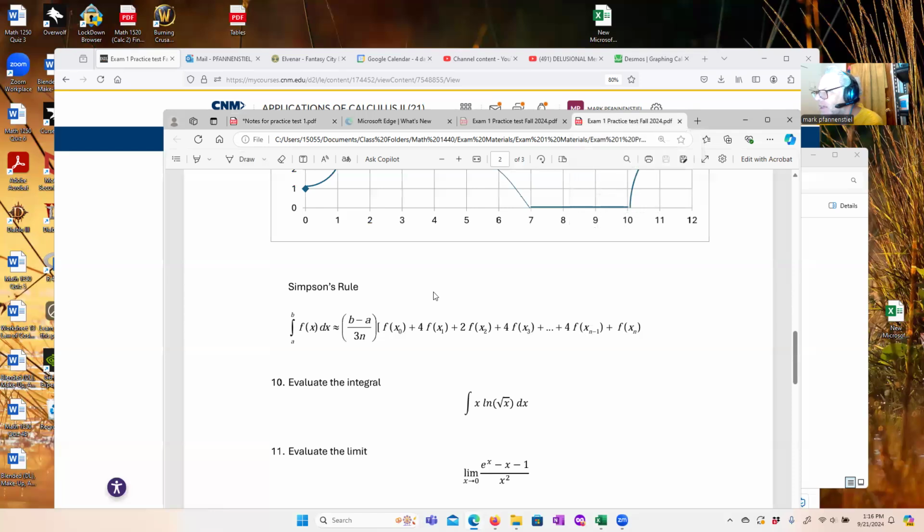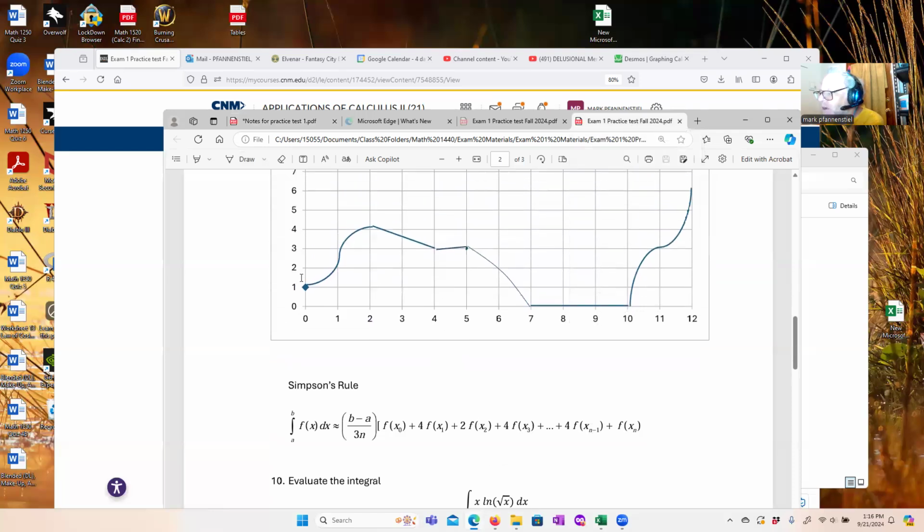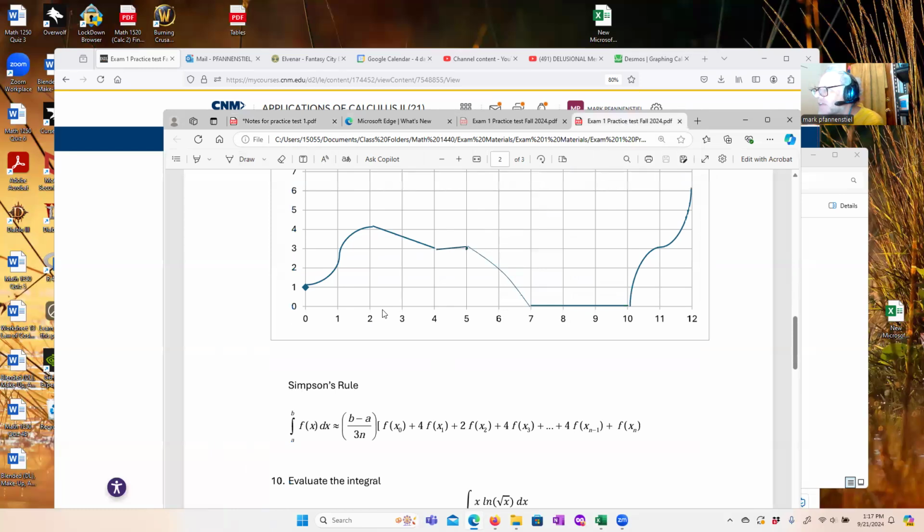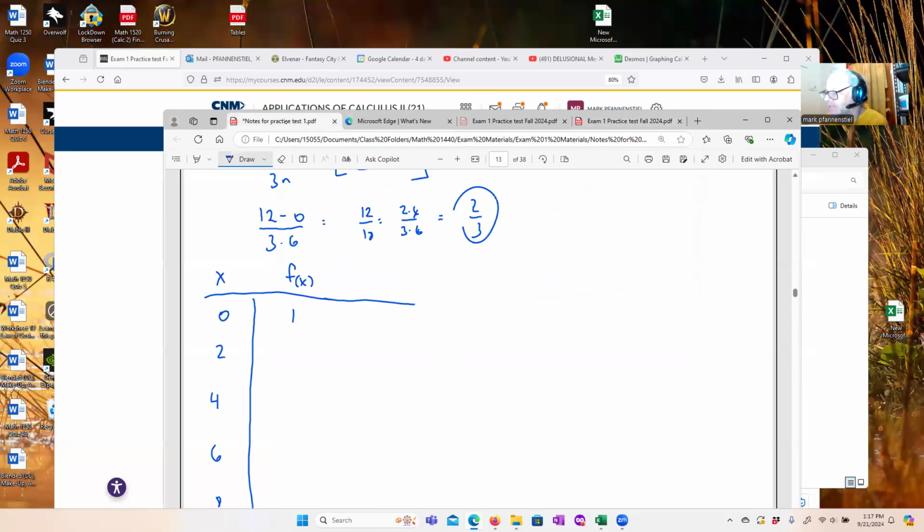When x equals 0, the value looks like it's going to be 1. When x was 2, f of x looks to be 4. Again, it's not exact because I'm not that good with Microsoft, but it's meant to be on the grid.